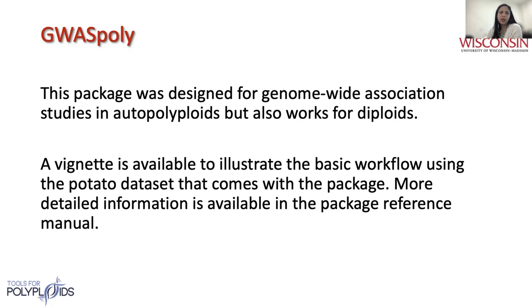So this package has a vignette that is very well explained, that is available on their website. And this illustrates the basic workflow of using a potato data set, because we have used potato data for this analysis, and that's what I will be touching on since I work in a potato breeding lab.